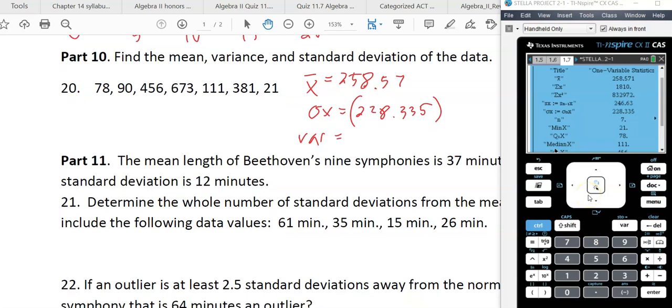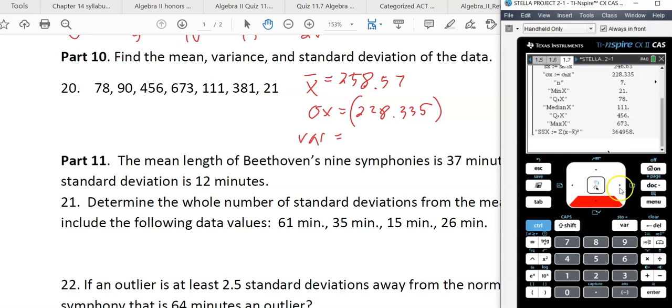Let's see if I can do that. There's kind of a cool way of doing this. I think it's stored in there. I'm just taking a guess. Let's see if we can find the population standard deviation. No, that's not it.